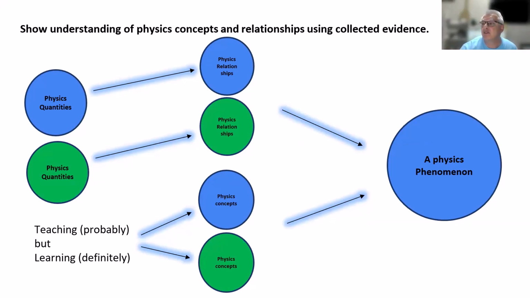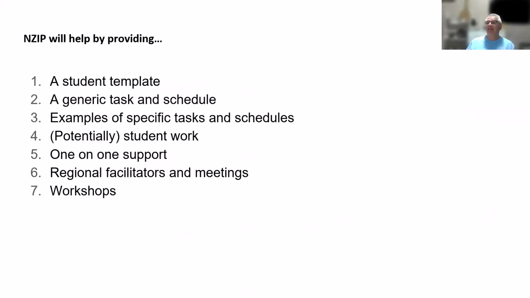But obviously, as David just mentioned, if we just push forward a bit, I'm here on behalf of the NZIP, as is David, and the NZIP will be trying to help by providing some, if not all, of the following things. We've created a student template. We're going to present a generic task and schedule at a later workshop.